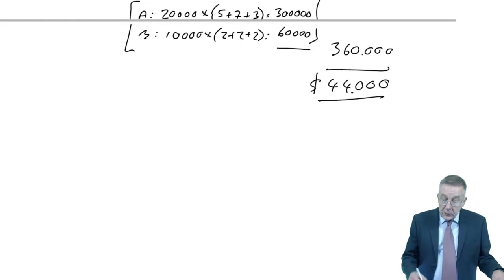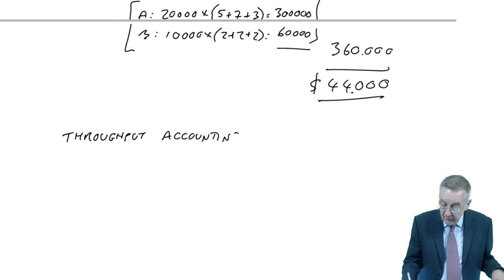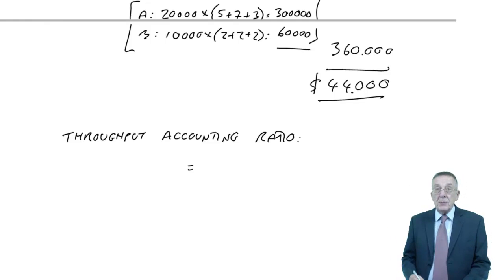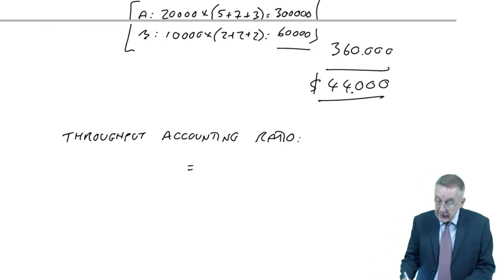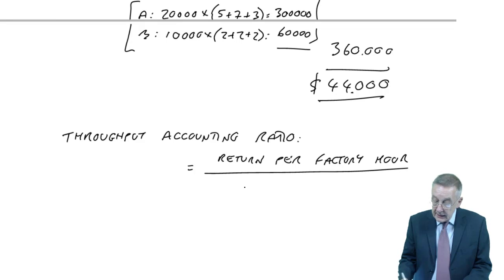And the last one, the throughput accounting ratio, I know you can read yourself, but still I'm writing it down. We'll discuss the relevance after, but it's defined as being the return per factory hour divided by the cost per factory hour.